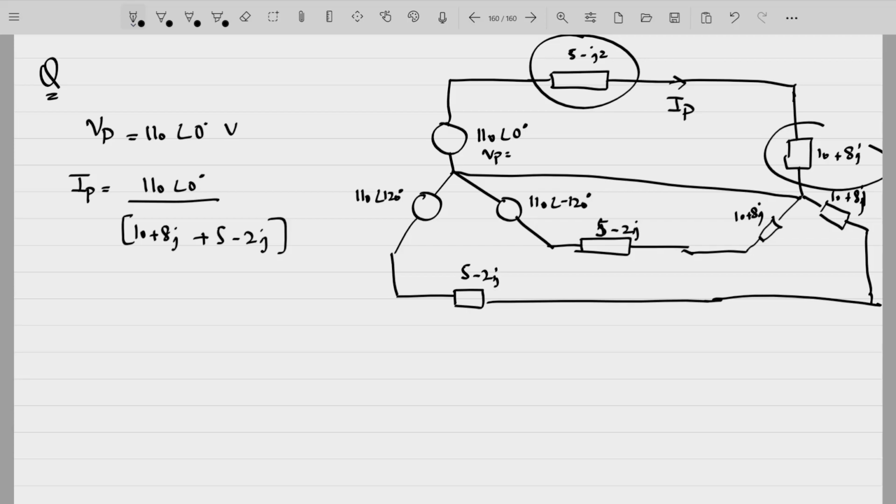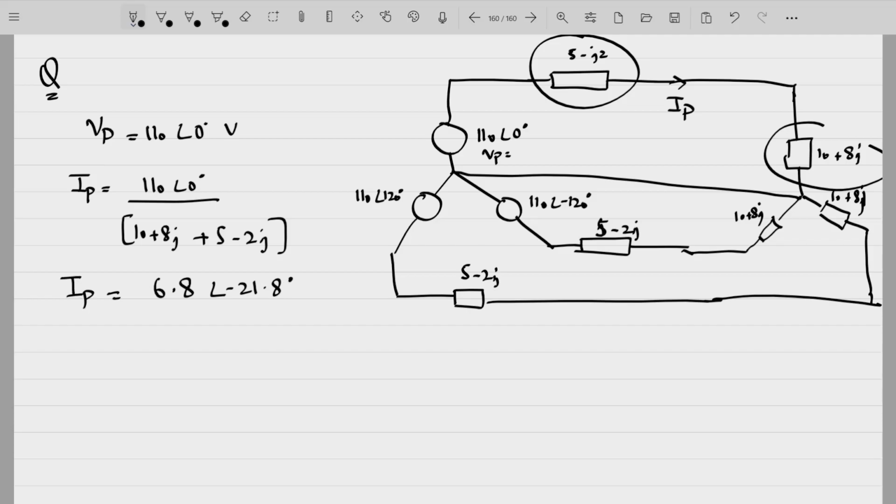IP will be 110 angle 0 divided by this total impedance, and that will be equal to 6.8 angle minus 21.8 degrees.